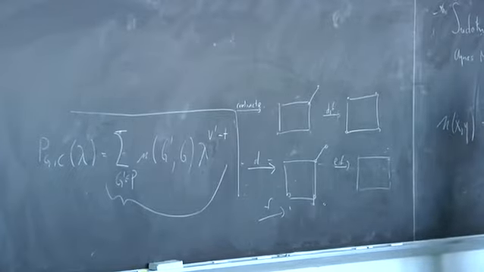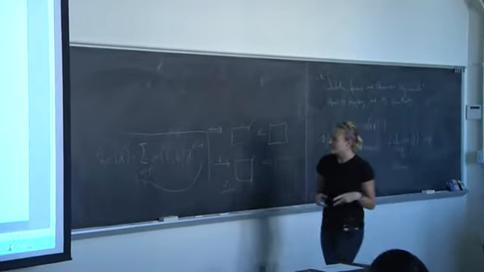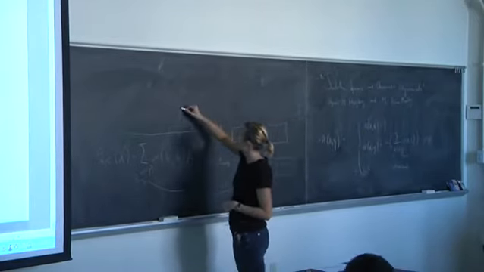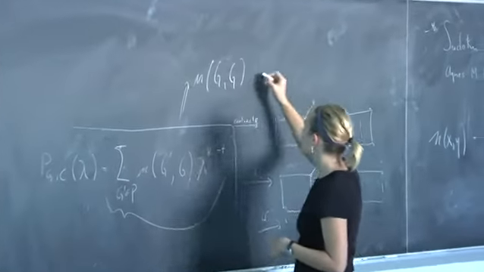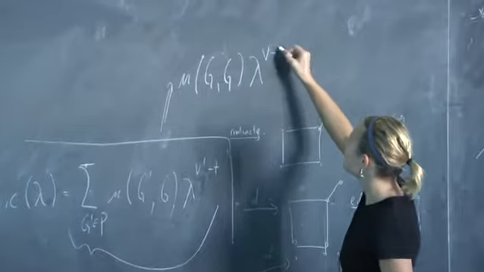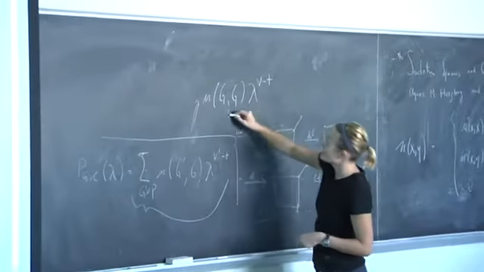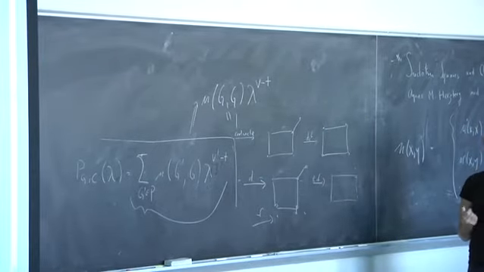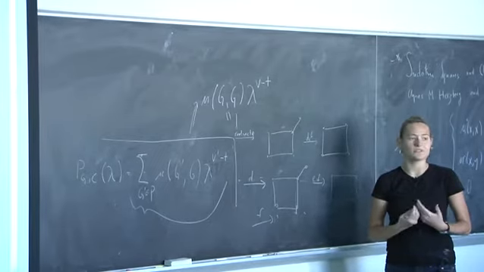The maximal element of your poset is the big graph, which has v vertices. So the highest order term here would be mu of G times lambda to the v minus t. And this is just 1. So you have a monic polynomial in the number of colors that you're using.